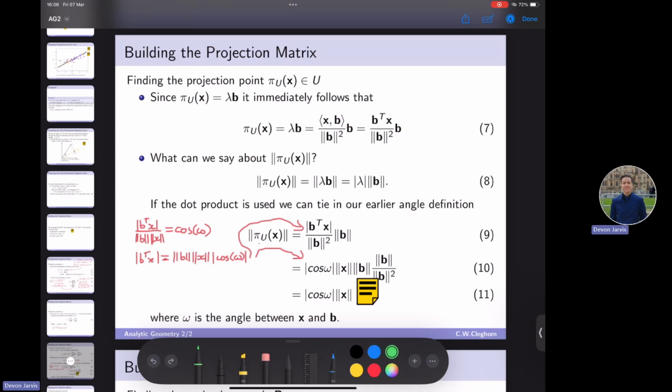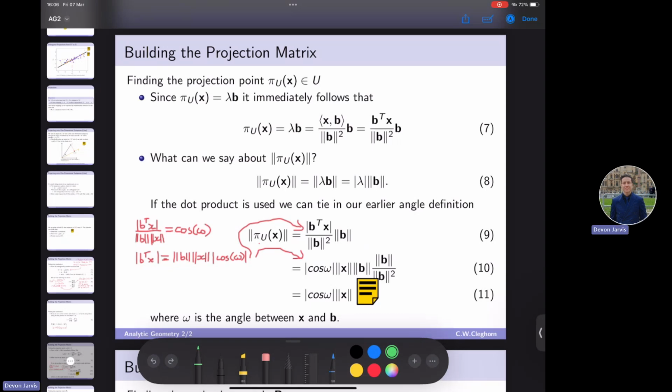Okay, and we know from last week that we have this formula for our angle, cos of theta, right? So if we rework this representation for cos of theta, you can take the norm of b over and the norm of x over, and so you end up with this representation that says the b transpose times x, absolute valued, results in all of those terms there. And we're just going to substitute that in.